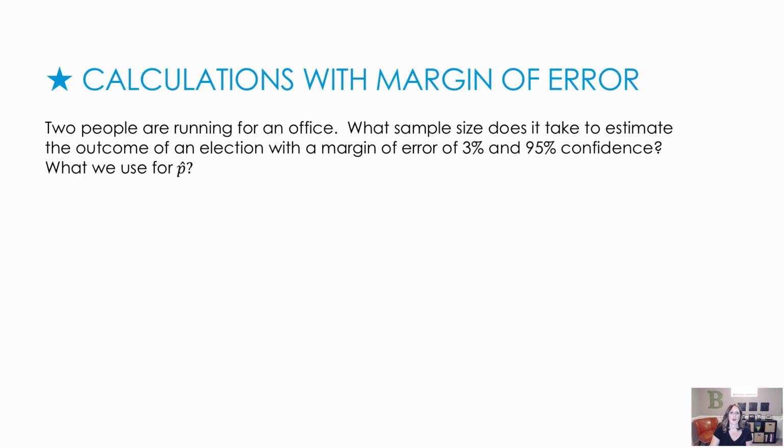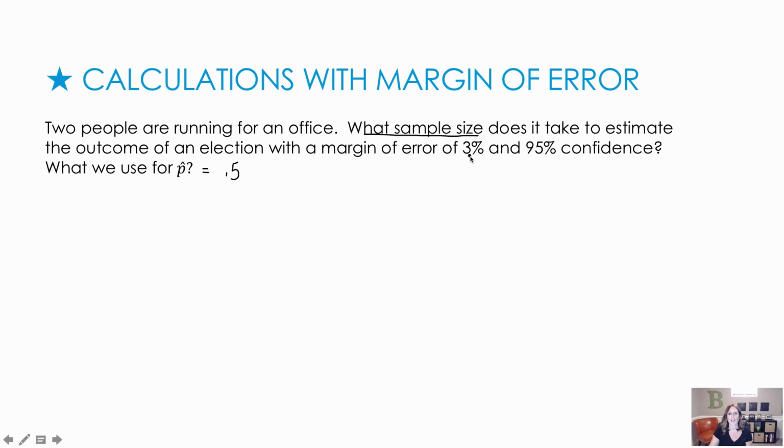So for this one, notice they don't give me a p hat, but I have no idea who's actually running. So what can I use for p hat? Well, let's just say 0.5, because that's a safe bet. There's a 50% chance that this person will win and a 50% chance that this person will win. So that's what I'm going to use. Now again, we're looking for what sample size. So I'm looking for n.